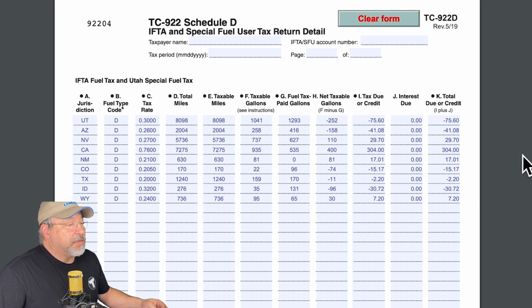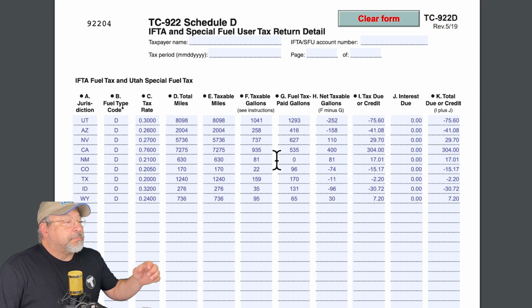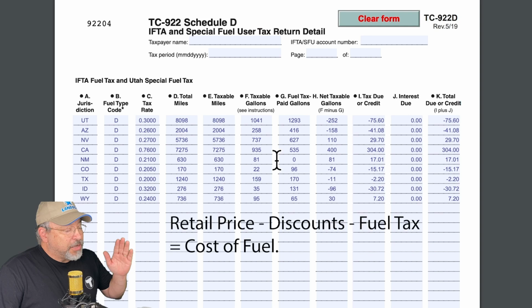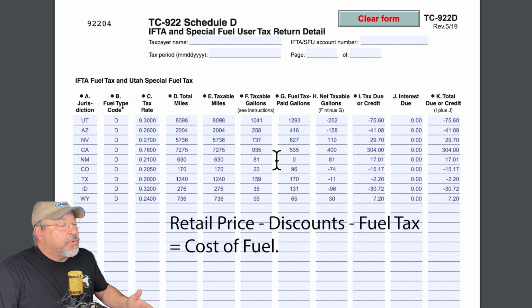The best thing to do when you're buying fuel is, and now listen to this, and some people can't get the concept, you purchase fuel where you take your retail price and you minus any deductions you get for the fuel card for anything, okay? And then you take away the fuel tax, okay?